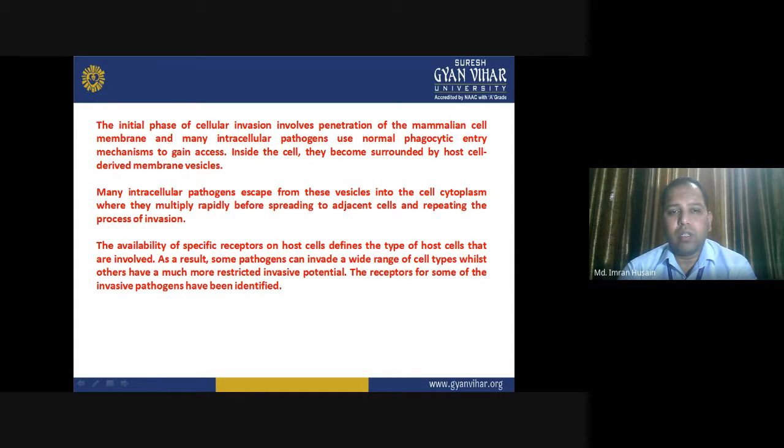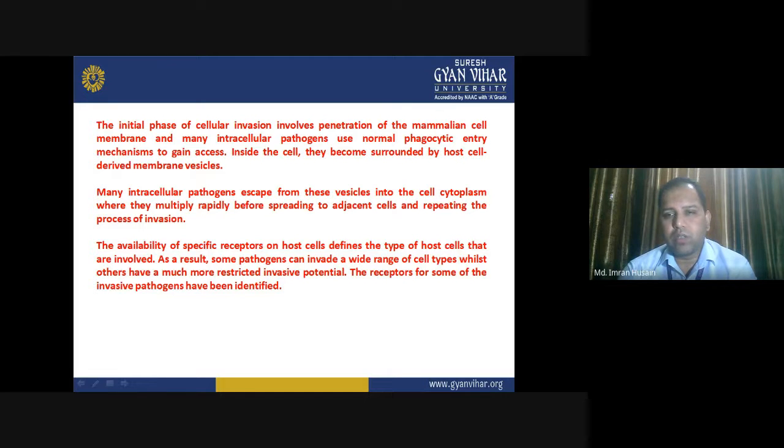The specific receptors on the host cell define the type of host cell that are involved. As a result, some pathogens can invade a wide range of cell types, while others have a much more restrictive invasive potential.